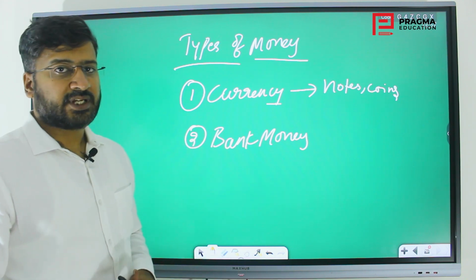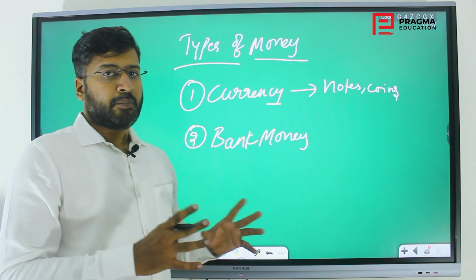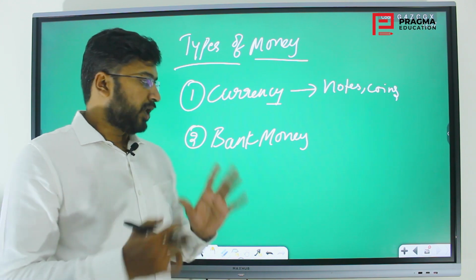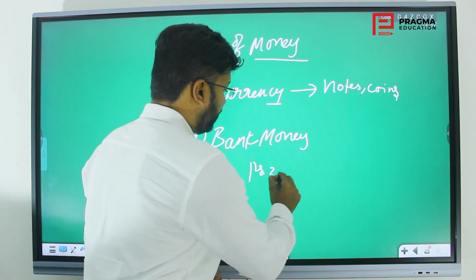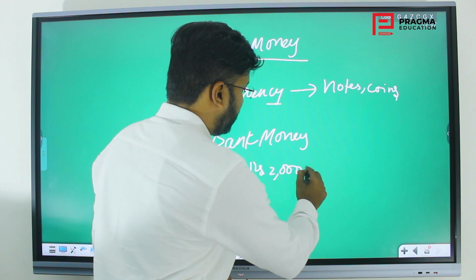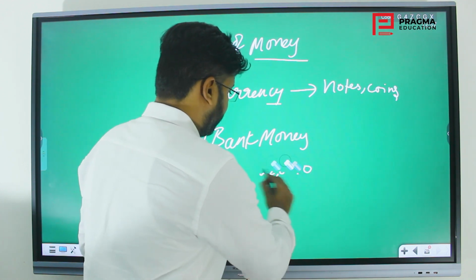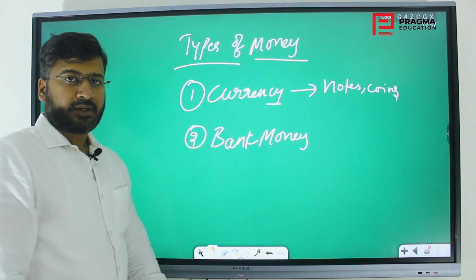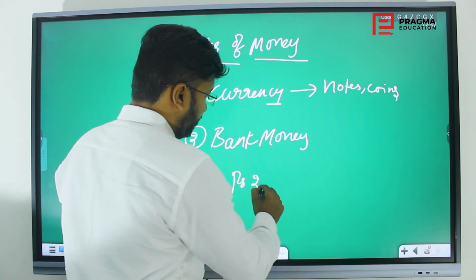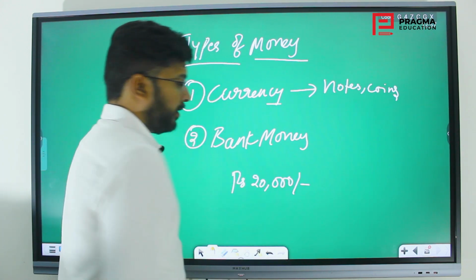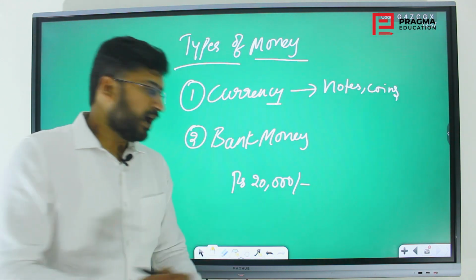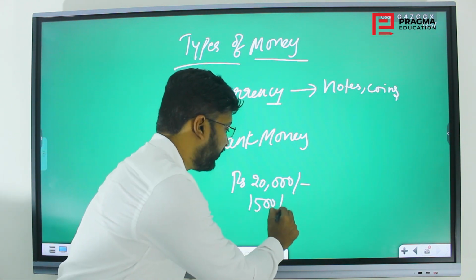Don't get confused between currency in circulation and money with the banks. Say suppose I have rupees 20,000 in my account, but out of this 20,000, I only have 1,500 in cash form in my wallet.